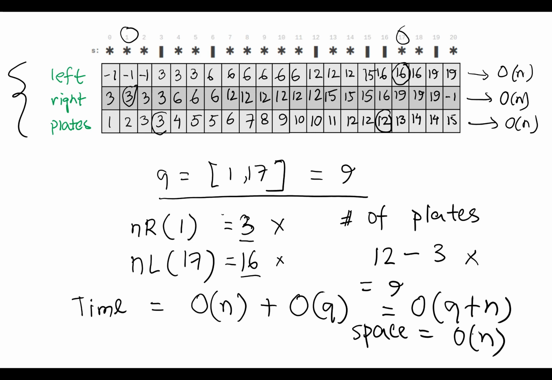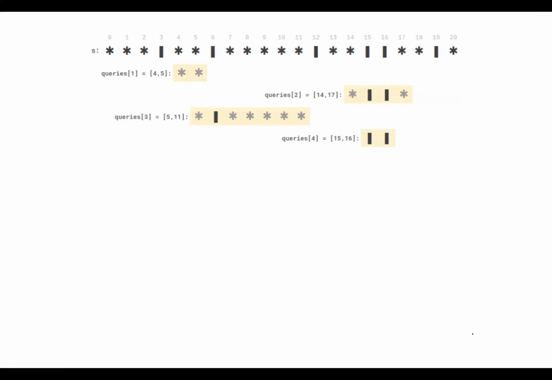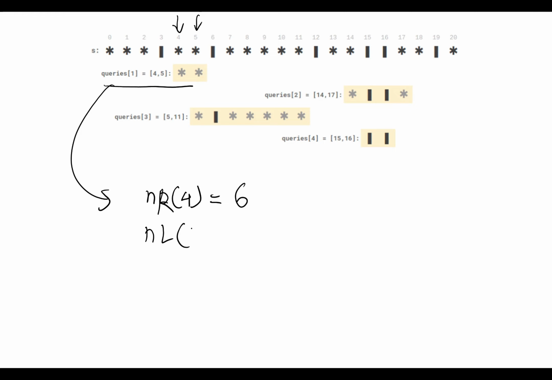Okay, so now let's talk about a few edge cases. For the first query here, between 4 and 5, the nearest right for 4 is 6, and the nearest left for 5 is 3.